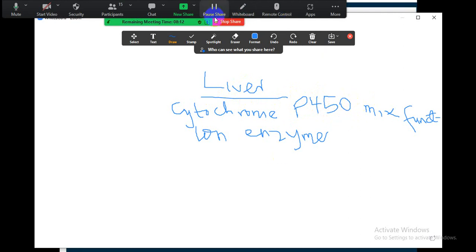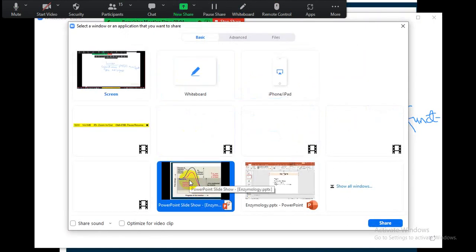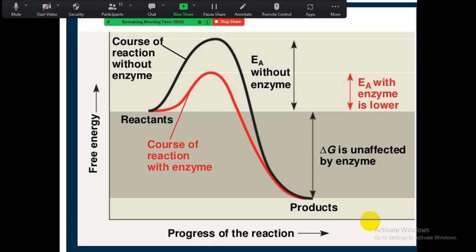Okay, so let's go back to our slides. So in a nutshell, for example, your head is aching or you have diarrhea. Then you take a medicine and the medicine will take about 10 hours for you to be fine.